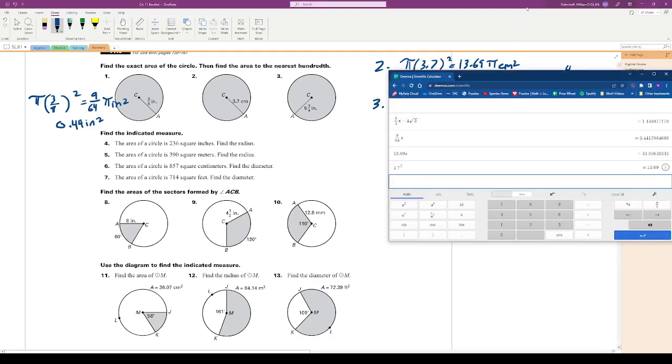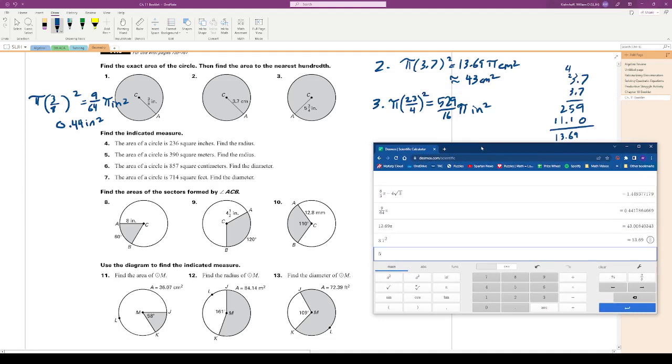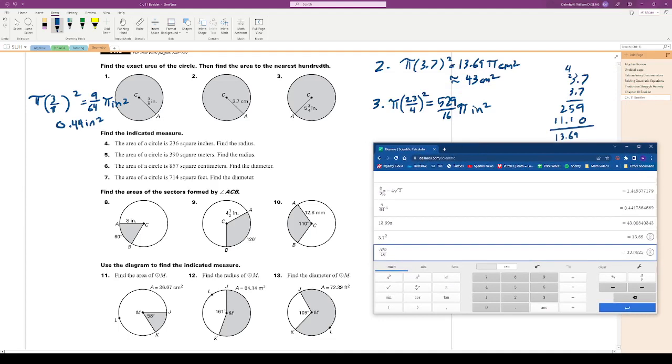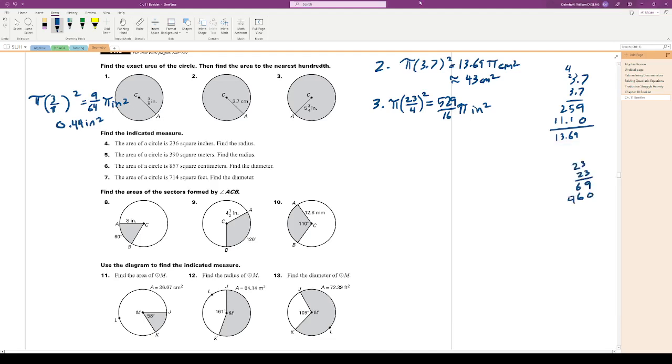So we have 529 over 16 times pi, 103.87 square inches.